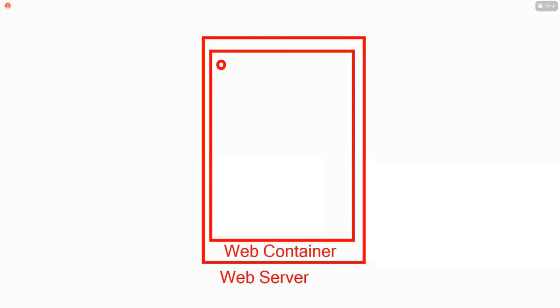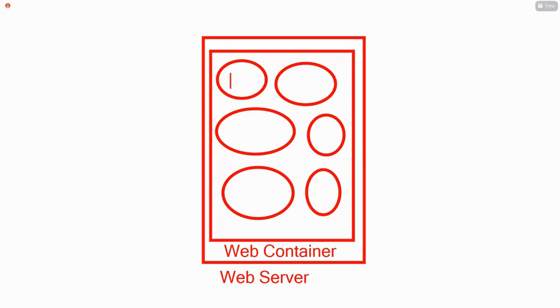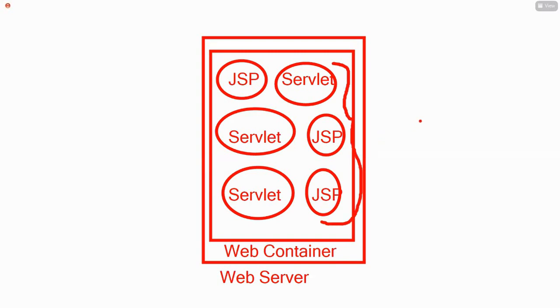Here Servlets, JSPs, these are web components. Servlet, JSP, Servlet, JSP, all these. So a web server is one software. In that, a web container will be there. Container contains web components. Note down.